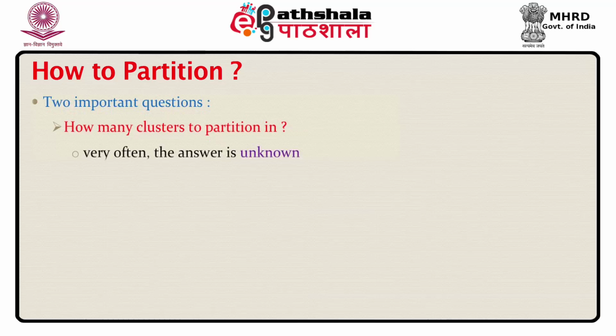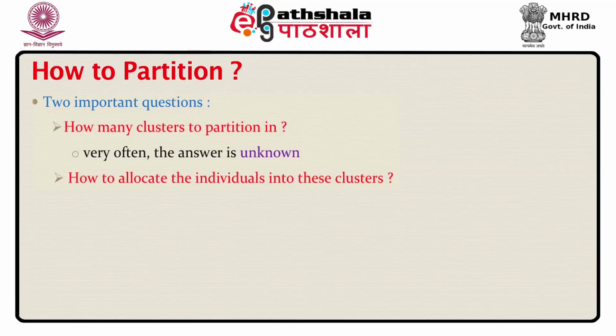So it might be 4 tables, it might be 3 tables, or it might be 5 tables even. So we may not be able to predetermine the number of clusters that we partition into. But we'll come to this problem later on. For the time being, we'll assume that the number of partitions or clusters is known. Then how to allocate the individuals into these clusters?